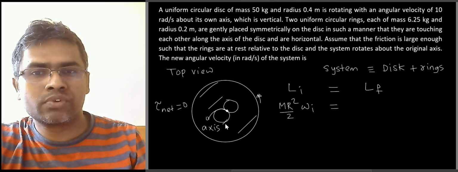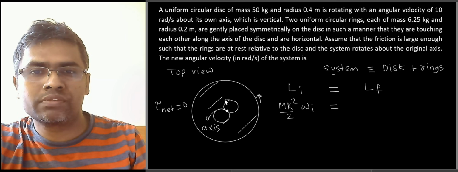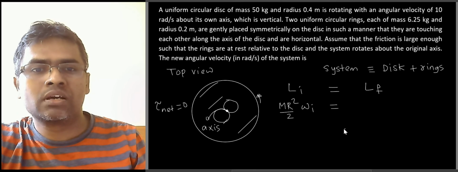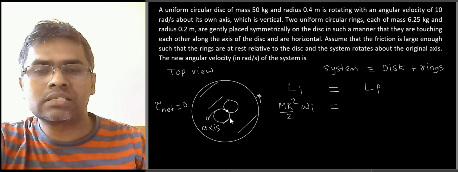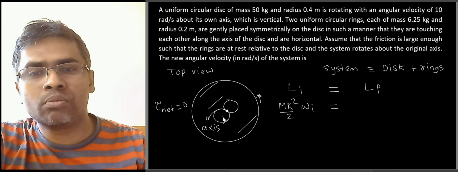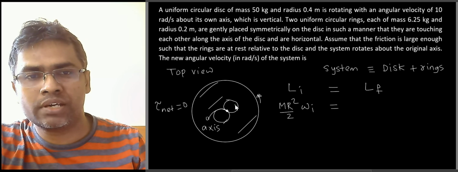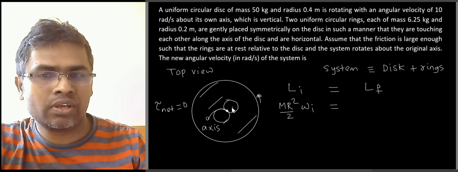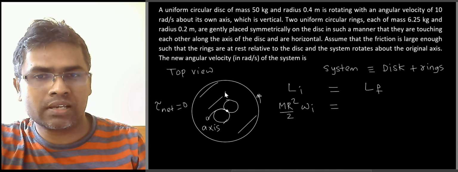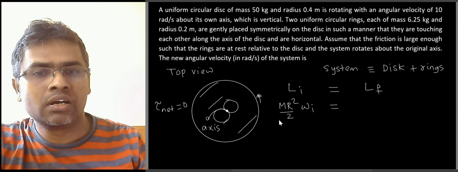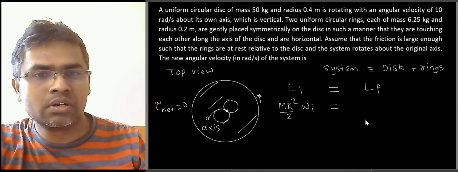So the moment of inertia would include the moment of inertia of the rings as well. But the rings are not getting rotated about an axis passing through their center of mass. So we are supposed to use the parallel axis theorem when we get their moment of inertia contribution.